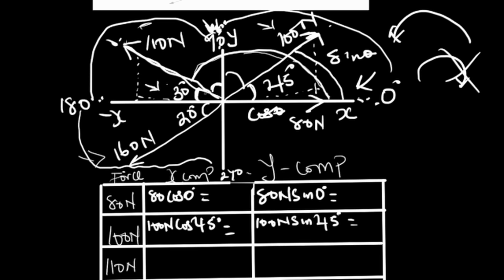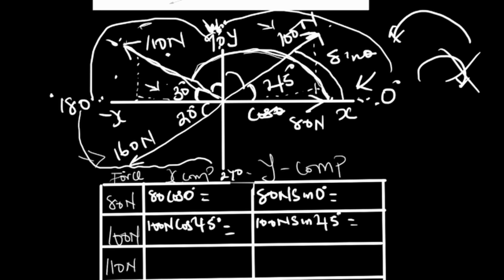And how do we get the true angle? We say 180 minus 30, which gives us all this angle here. So 180 minus 30 is going to give us 150. It means that the true angle of this vector, which is 110 newtons, is 150.